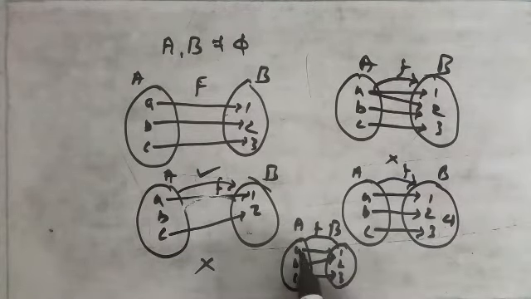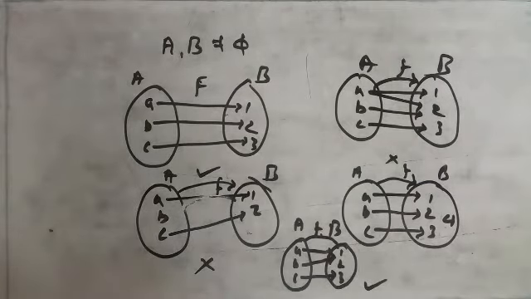Here 1 is unique for A, 1 is unique for B. That is, this relation associates A with unique element 1, B with unique element 1, and C with 3. So this relation is also a function. Clear?